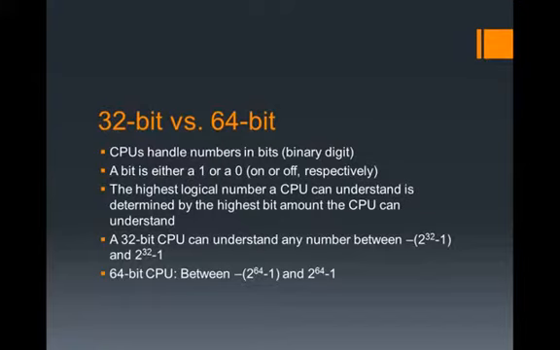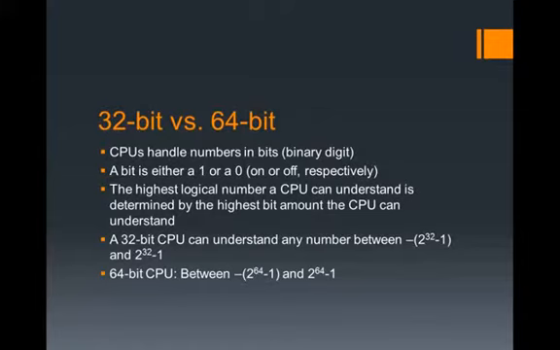CPUs handle numbers in bits of memory. A bit is a squished together word. It means binary digit. And a bit is either a 1 or a 0, on or off respectively, in the computer. Now, numbers in a computer are represented by patterns of bits, like saying that 1101 in a CPU means a certain number.